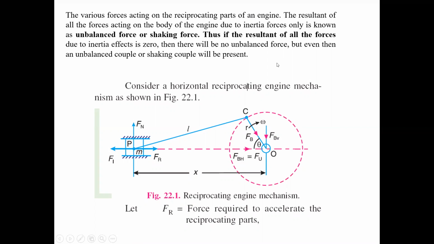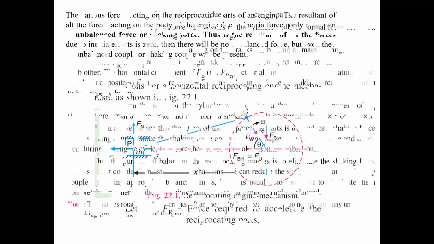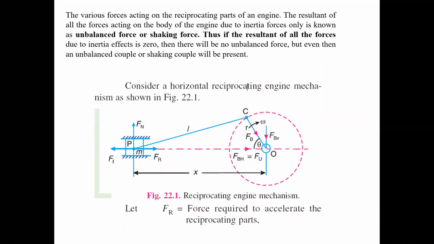If the resultant of all the forces due to the inertia effect is zero, then there will be no unbalanced force. When the inertia effect is zero, there is no unbalanced force. That is what should happen in our system.